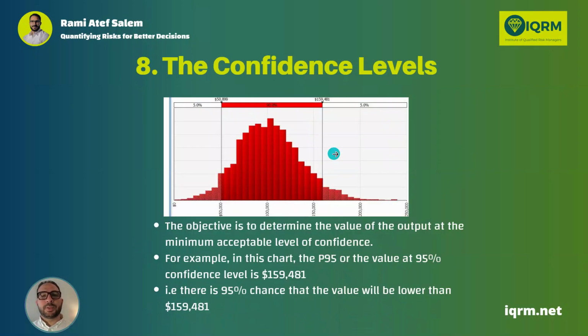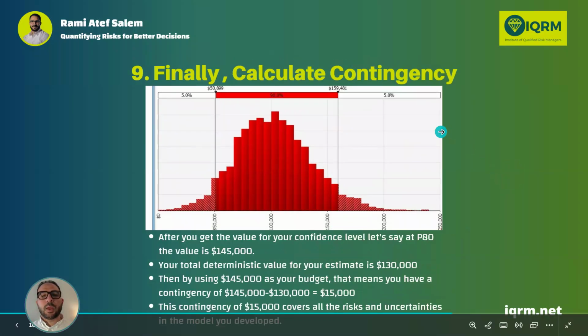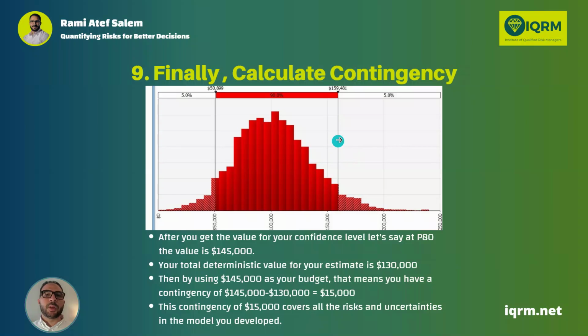Then we have the confidence level interval, where we set an interval that we are interested in, and then we can use it for contingency planning.